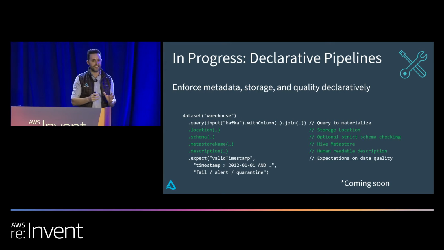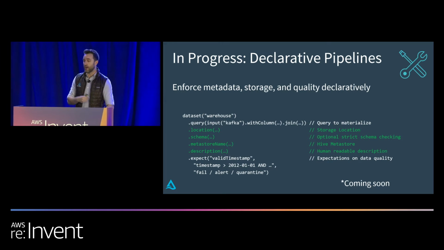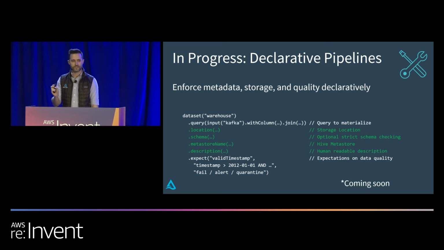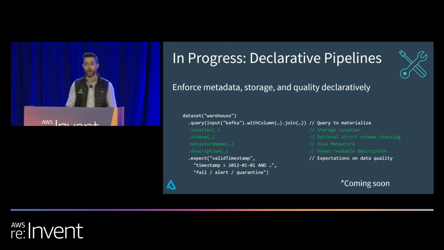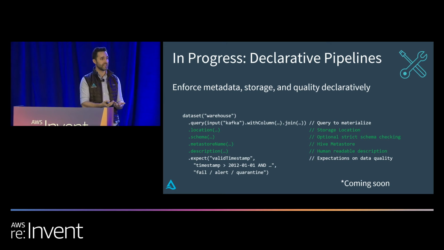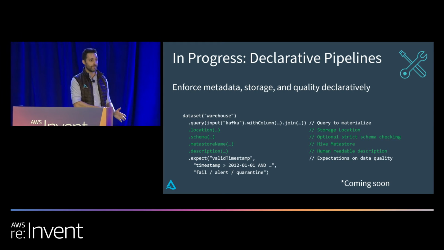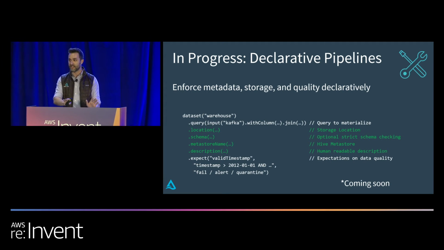We can specify details about how I want these tables to be materialized, what bucket they should go in, whether or not I want strict schema checking. So Delta actually has two modes for schema management. We can either do automatic schema management, where as new columns appear, we just automatically add them to the table. This is great if you're ingesting JSON data into a bronze table, and you just want everything to be there.